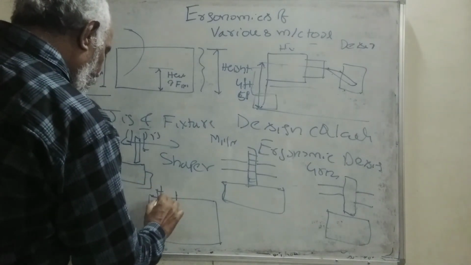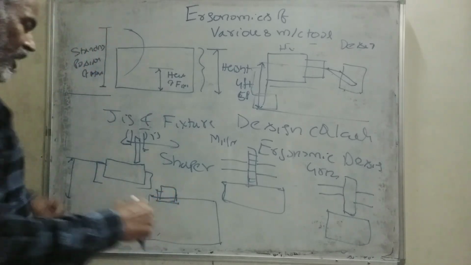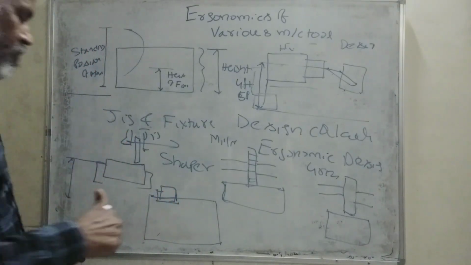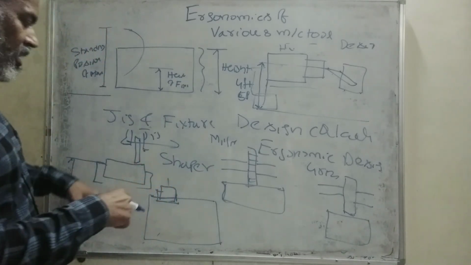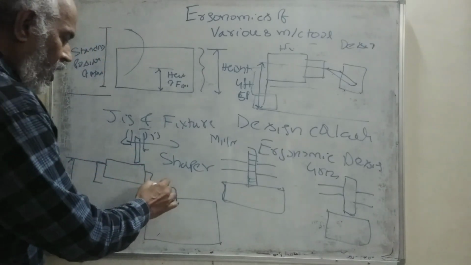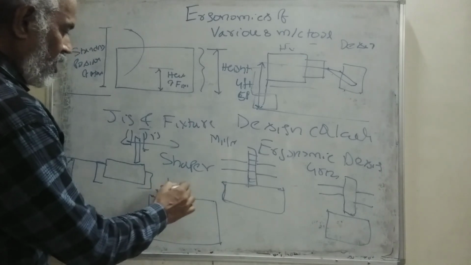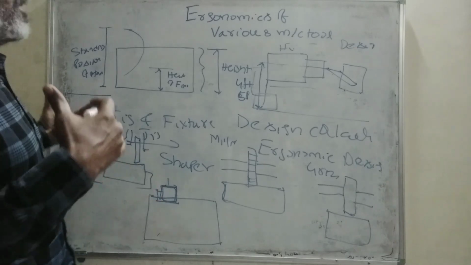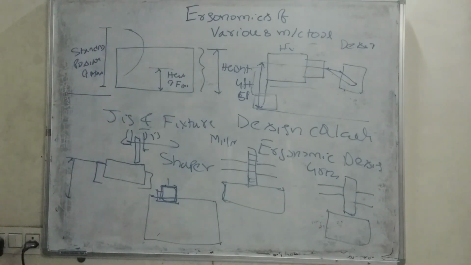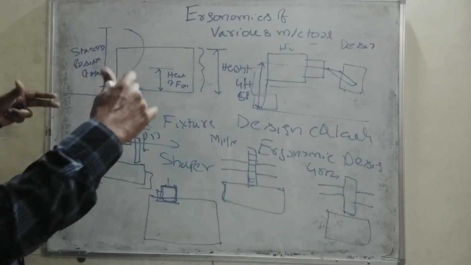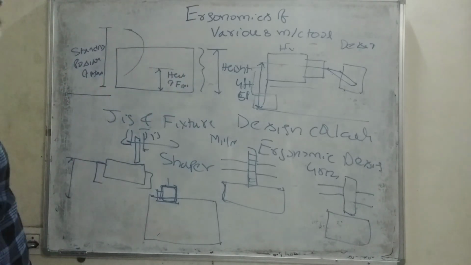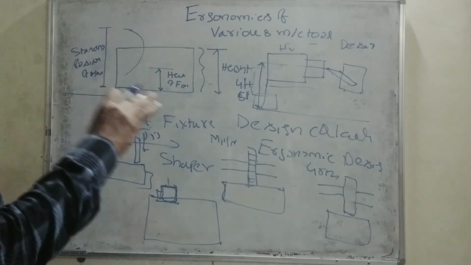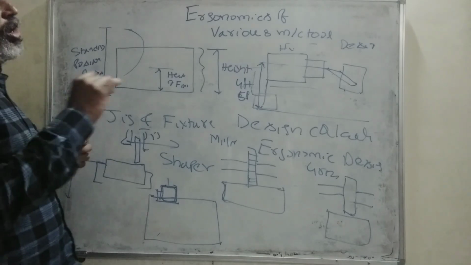On this fixture, we place a workpiece and try to remove the material by hand, with a hand broacher or a cutting hacksaw. This is the human ergonomics involved, because the complete machine tool is operated by the human being, so everything should be within the reach and hand motion of the human being. So this is a brief introduction of ergonomics of machine tools.